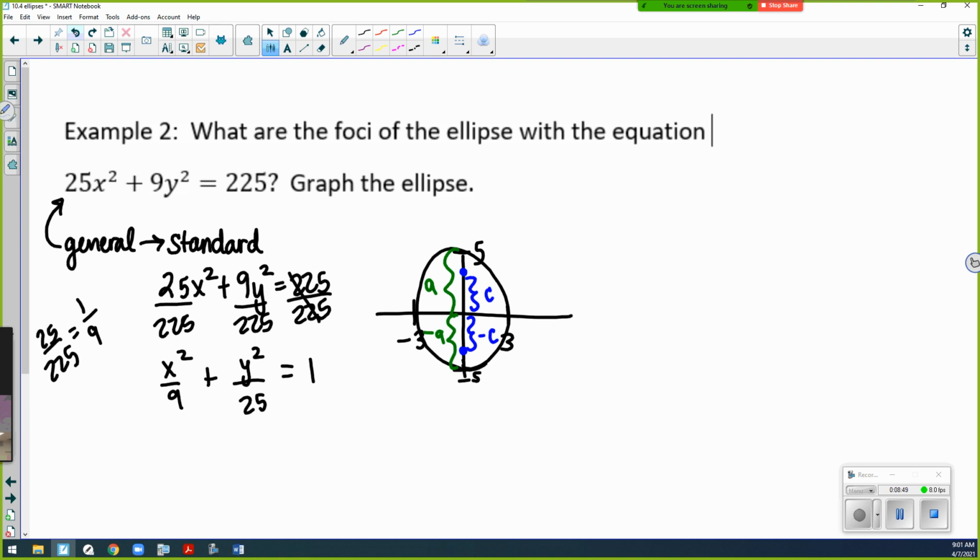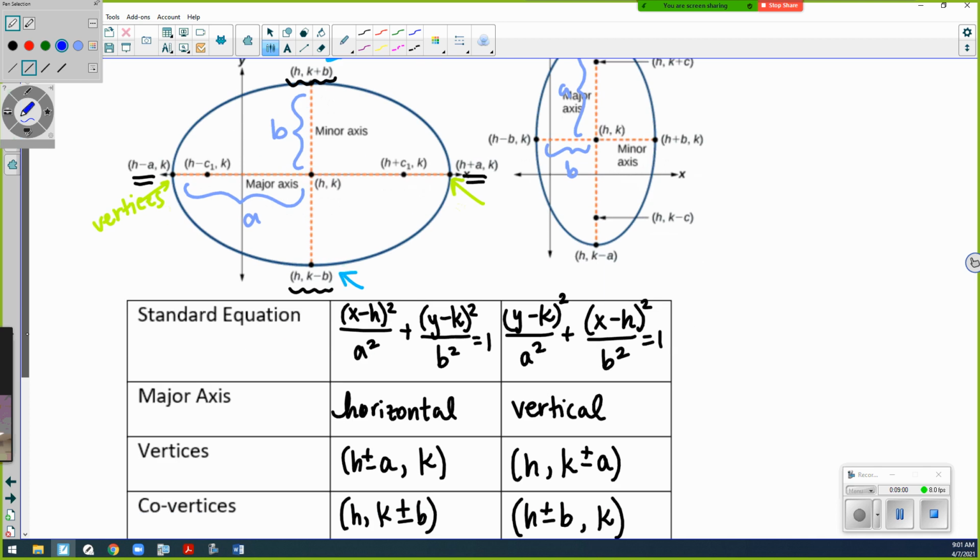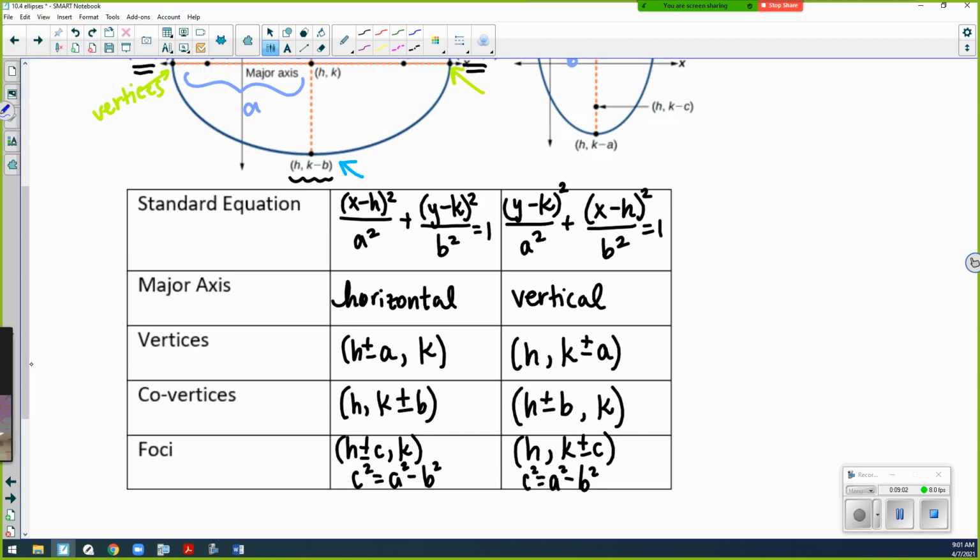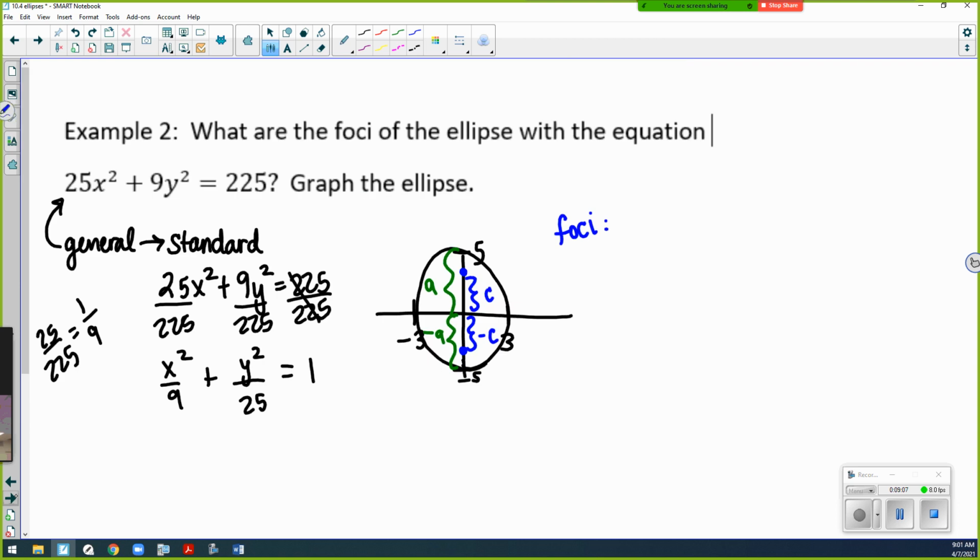Okay, so we need some foci. If I look back at my chart here, I can kind of cheat my way through this. It's vertically oriented. So my foci are going to be h, comma, k plus or minus c. Since my ellipse is centered at the origin, h is 0 and k is 0, but I need to figure out what c is.